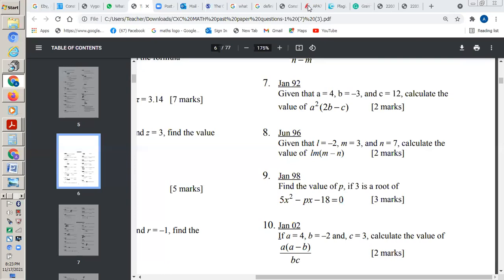I need to know how to do it. Wait a bit. Edit your name. Where do you go? Go to participants. Click on rename.